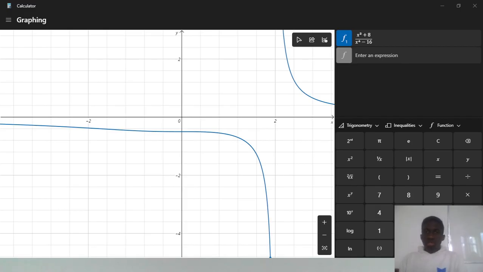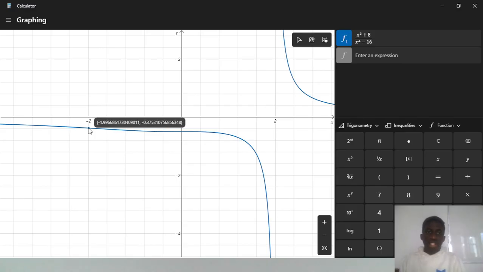Now what we have in front of us is the graph of the function that we took the limit of. So this is the function x cubed plus 8 divided by x to the power 4 minus 16. This is how the graph looks, but our focus is as we approach -2. As we approach -2, we can see the value is getting closer to -0.3763. That's very close to minus 0.375.